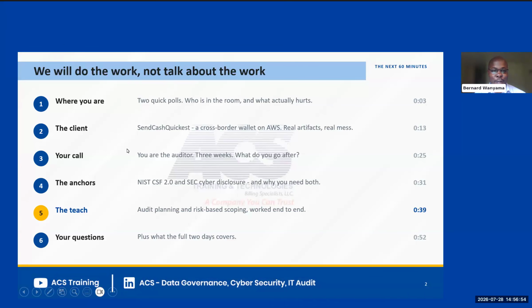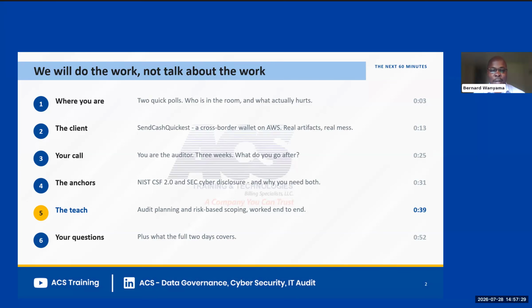and give you an overview of what we're going to cover today. We want to take a bit of demographics to hear from you. Then we'll get a view of our fictional or fictitious client, the auditee, the company that we shall be auditing, called Send Cash Quickest, which is a fintech that does cross-border money transfer, and it's based on cloud architecture running on AWS.